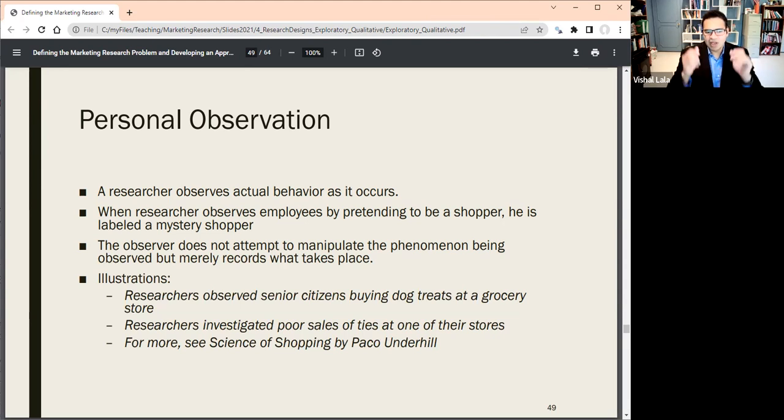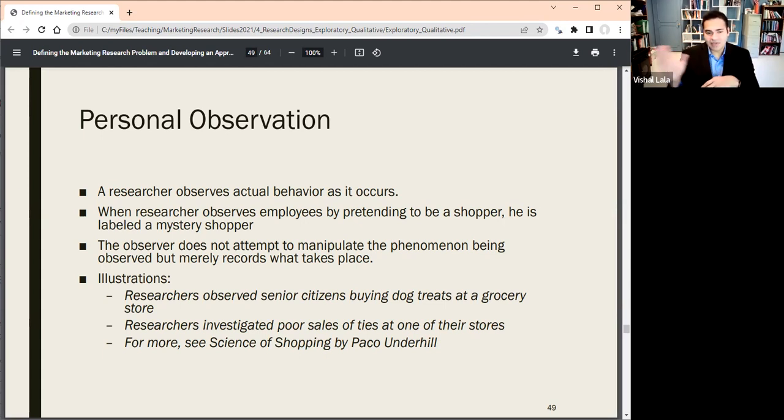Another researcher investigated poor sales of neckties at one of their stores. This is an example from the book Science of Shopping by Paco Underhill. They observed that one particular store had poor sales of ties, and they learned the reason was poor merchandising.